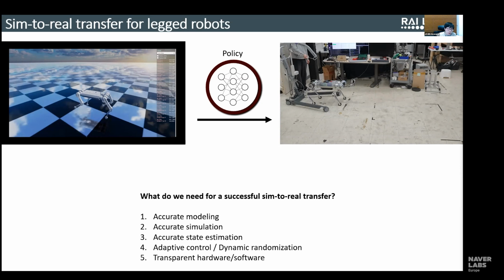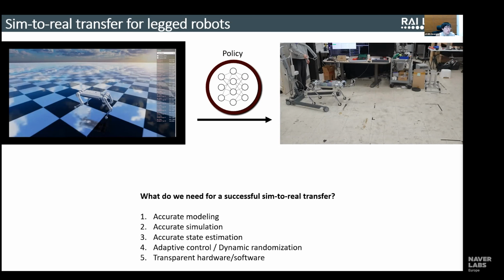Of course, there are some types of robots that are hard to model, right? If there are complex kinematic loops, then maybe the friction properties are complicated and the computation takes too long. Maybe you need some simplification and so on.